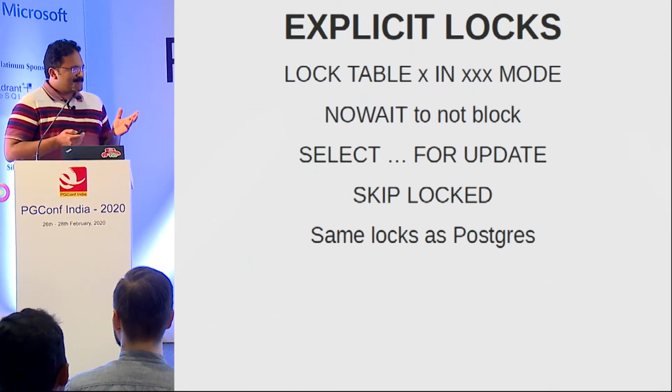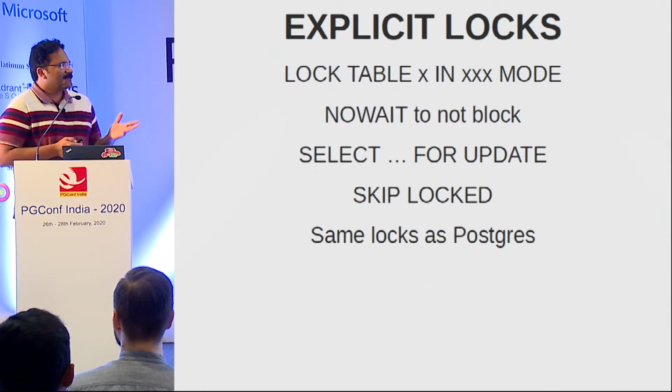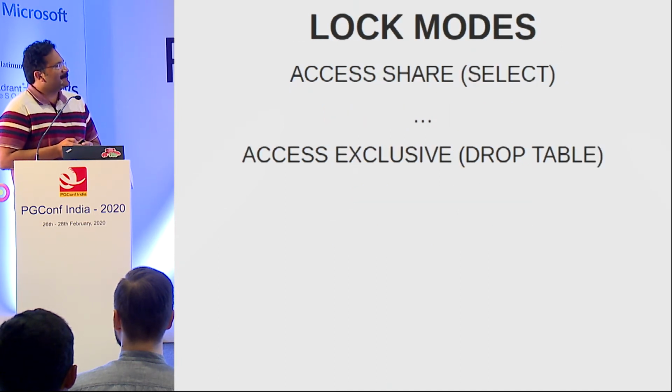The point of this slide was just that we have access to the same locks that Postgres uses internally. So these commands are useful to play around with in psql sessions and look at pg_locks output to see what happens.